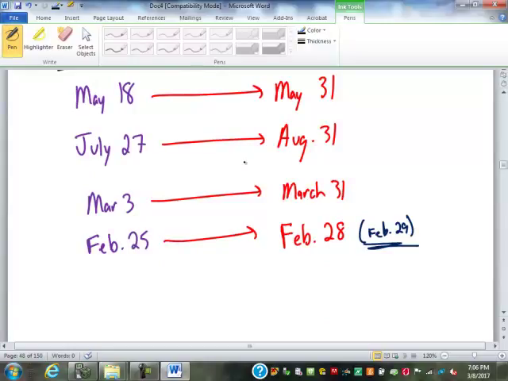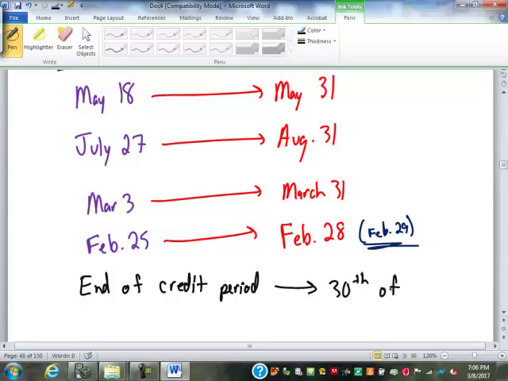With EOM, they don't list a net. So the end of the credit period is assumed to be the 30th of the next month. It is assumed to be a net 30. Now here's the question that comes up: what about February again?